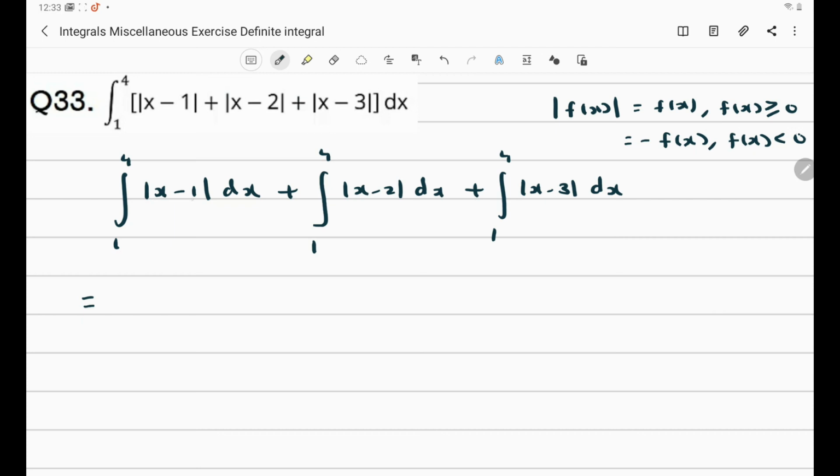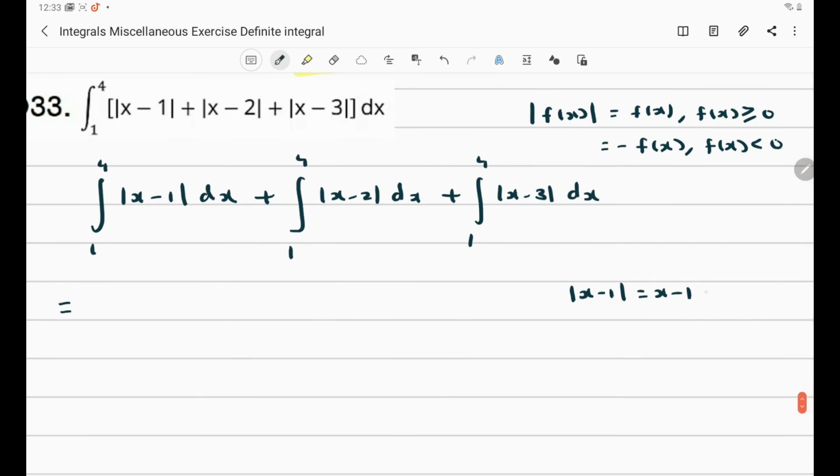Modulus of x minus 1 is equal to x minus 1 if x minus 1 is greater than or equal to 0, or x is greater than or equal to 1, and is equal to 1 minus x if x is less than 1.